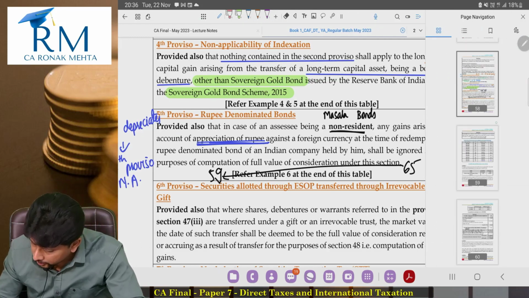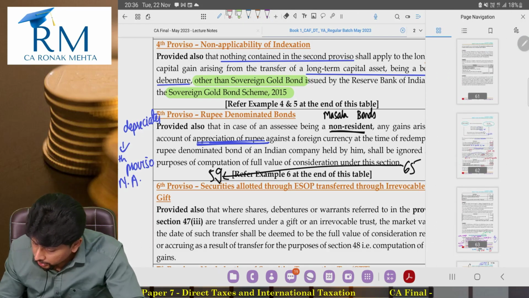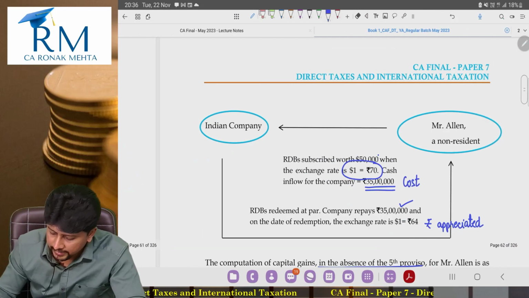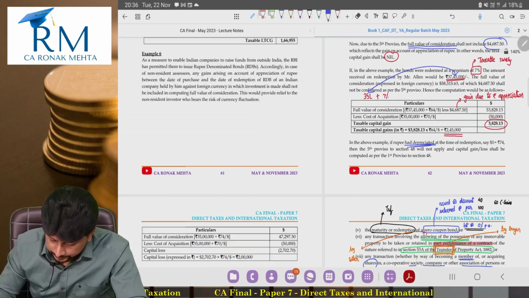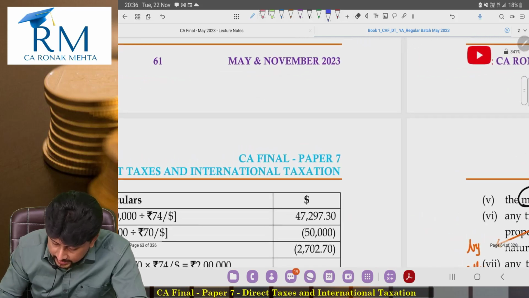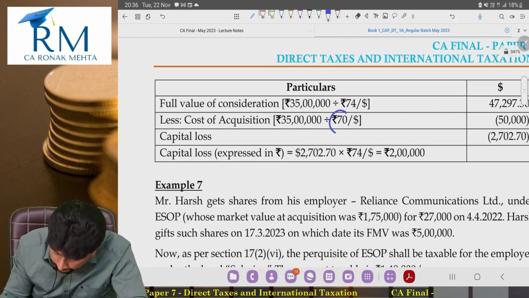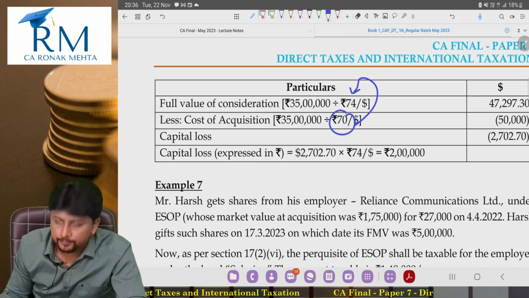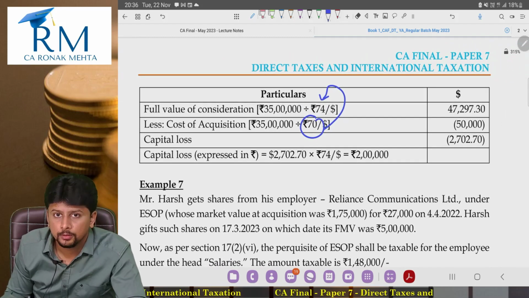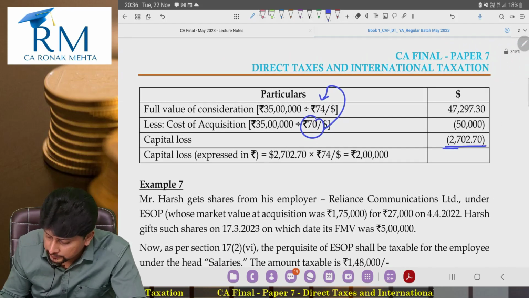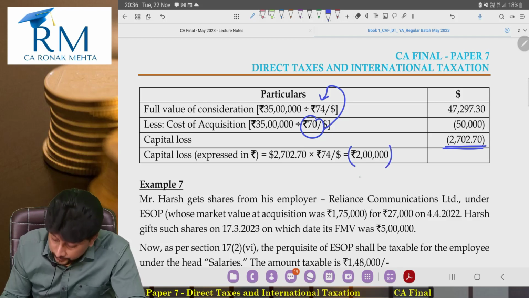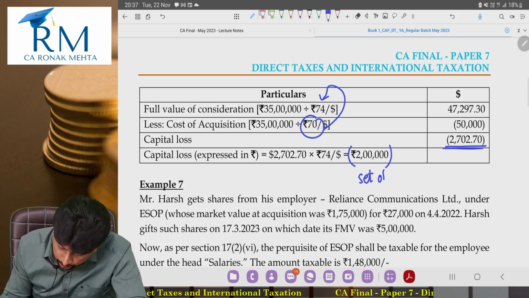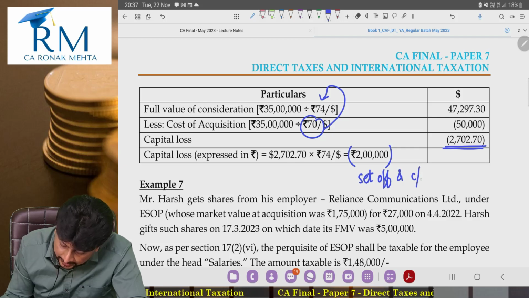If that fifth proviso is not applicable, do your calculation in the normal way. That means if, for example, 70 became 74, rupee depreciated, do the calculation, it will result into a loss. This 2 lakh rupees capital loss will be allowed for set off and carry forward.